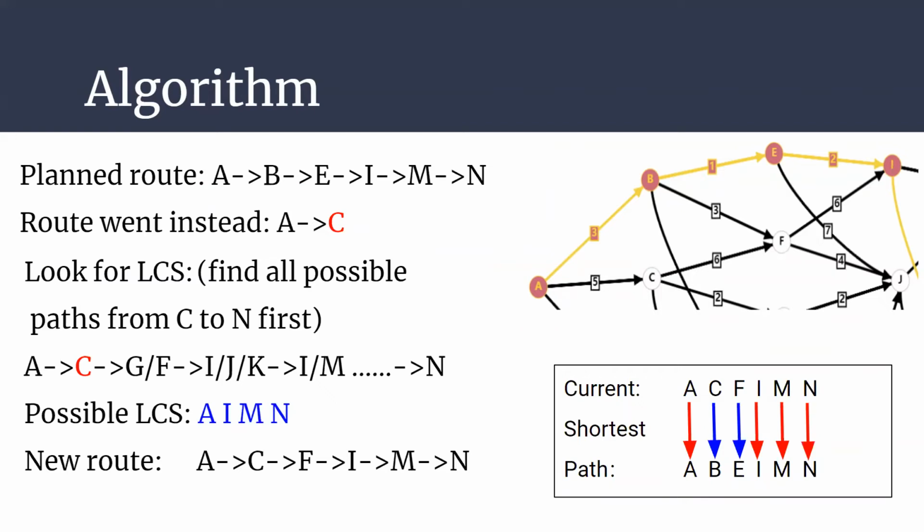We get A, I, M, N. So the new path is A to C to F to I to M to N.